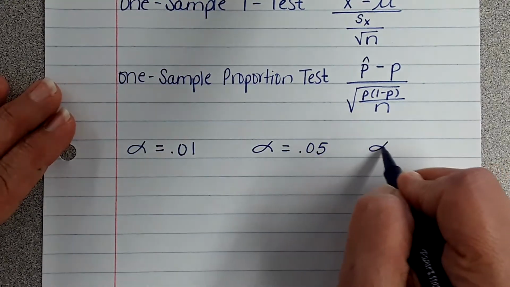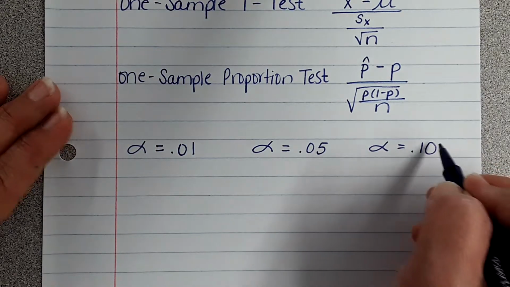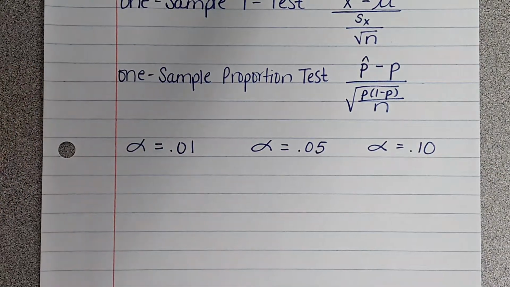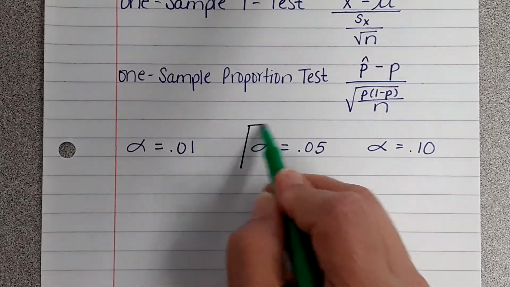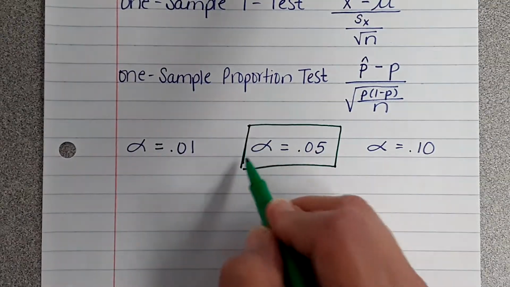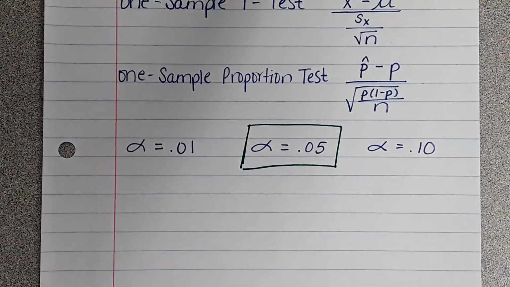Or you can have alpha at 0.10. The one that we use the most is this one. That's the one that, if they don't give you a significance level, this is the significance level you use, okay?